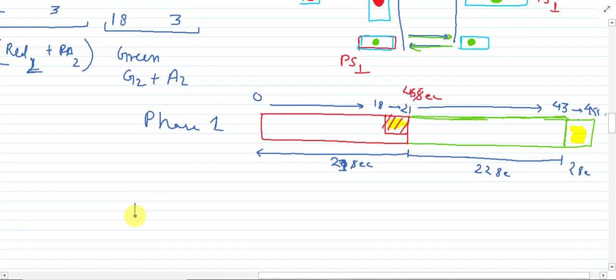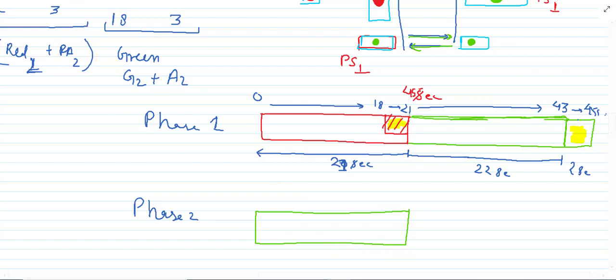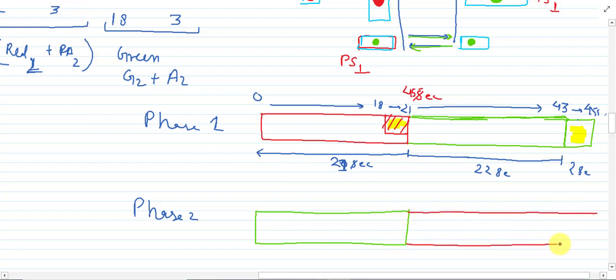Now we will draw the phase 2 diagram. Whenever there is a red line it will convert into a green line like this, and after the green line this will convert into red light. Okay, so the amber here is 2 second, so we will provide here 2 second red amber light.